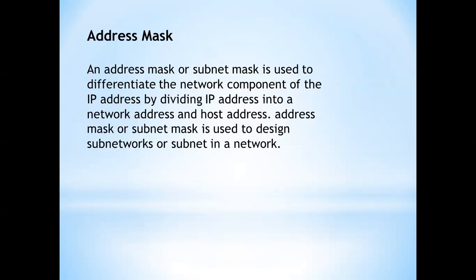So to differentiate the network and host part, we have to use the mask 255.255.255.0. This mask, in both decimal format and binary format, is assigned with the class C address of IP address 192.15.28.16.